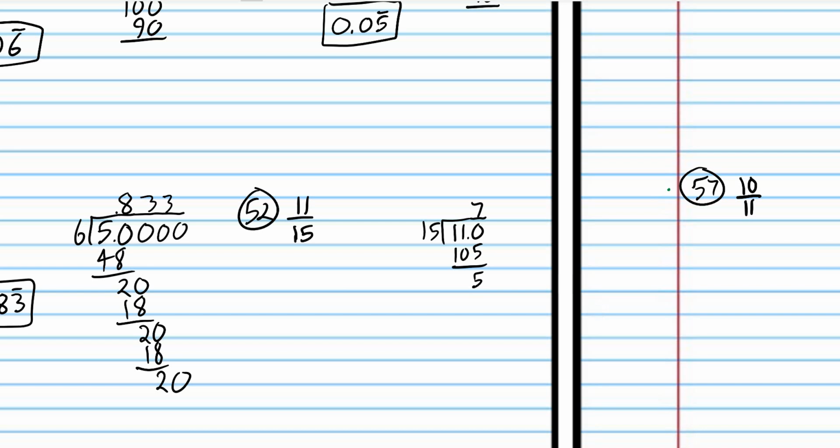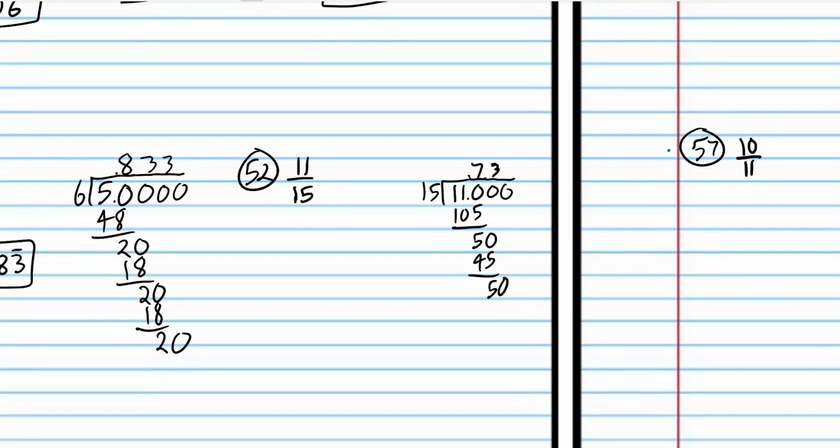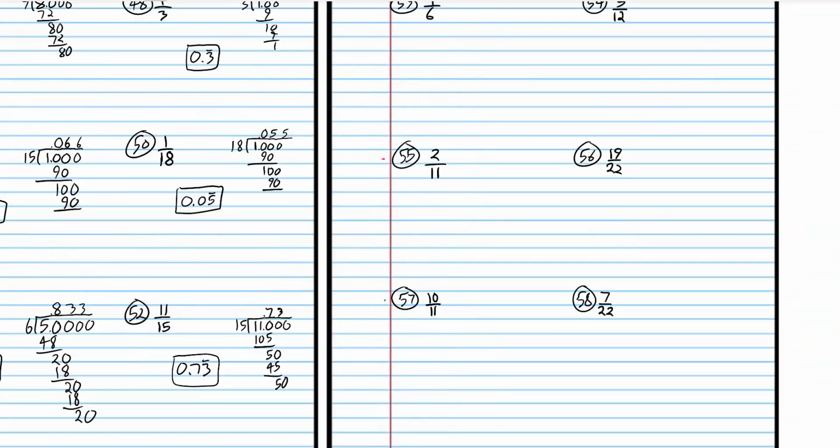But we have a remainder, so we have to keep adding a 0. So bring down the 0. 15 goes into 50 3 times. 3 times 15 is 45. Bring down a 5, and you can see that it's just going to be 33333. So bring up the decimal. 0.73, and the bar goes over the 3, not over the 7. The 7 doesn't repeat. It's only the 3 that repeats.